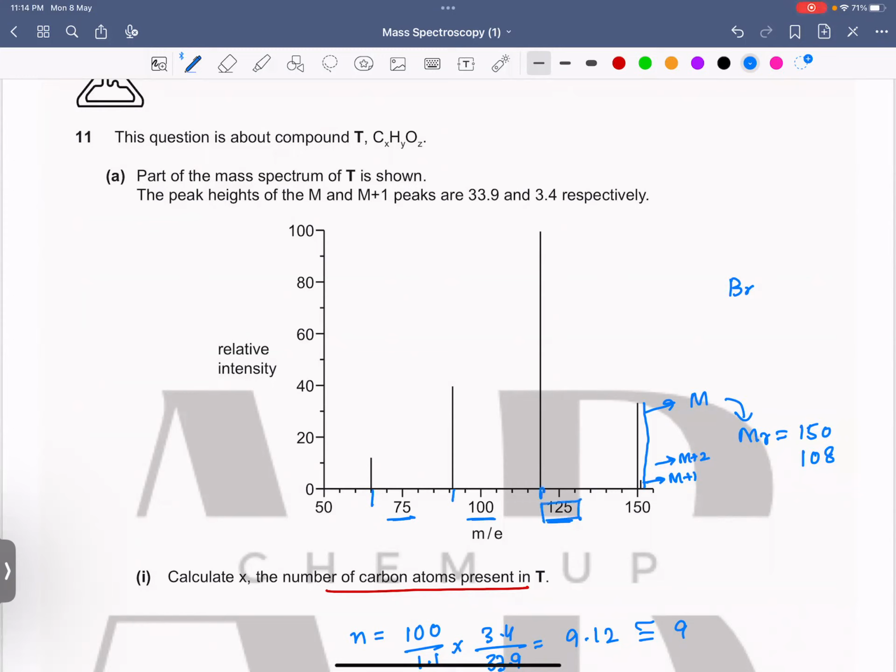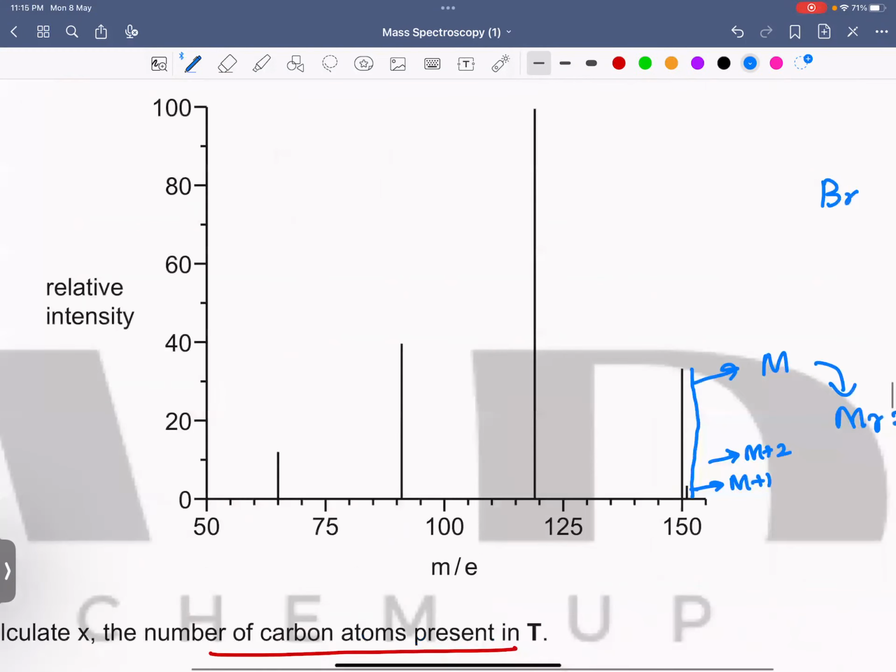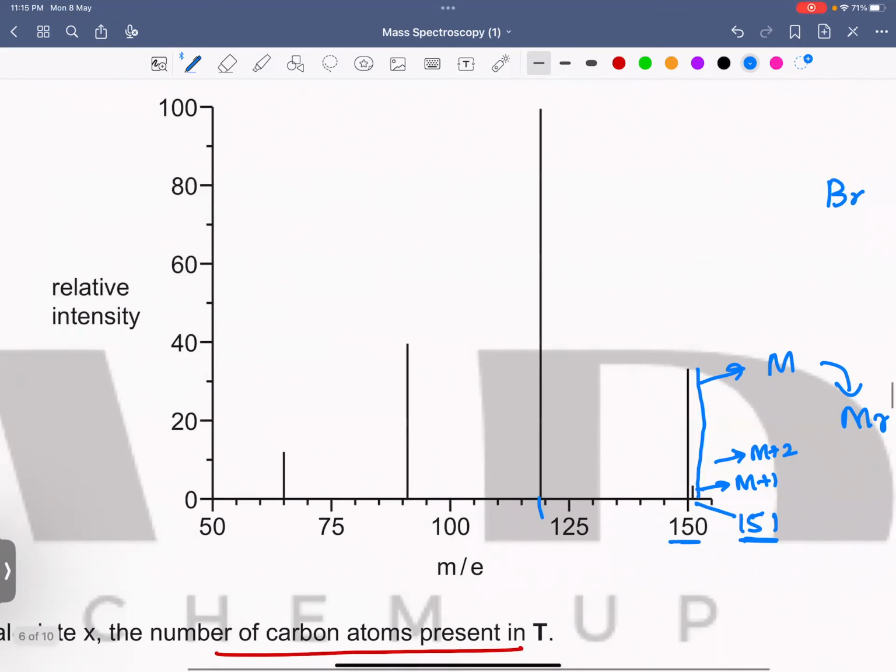Yes, because the other reason is that, for example, these 2 peaks, one is at 150 and the other one is 151, right? If you look at this one, what would be the value over here? 119.